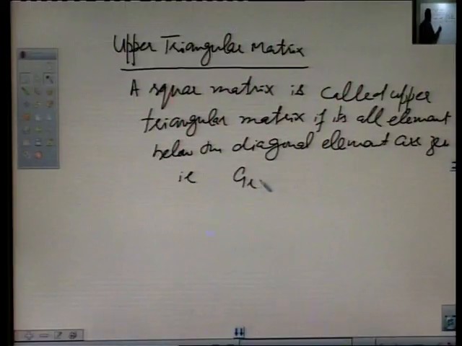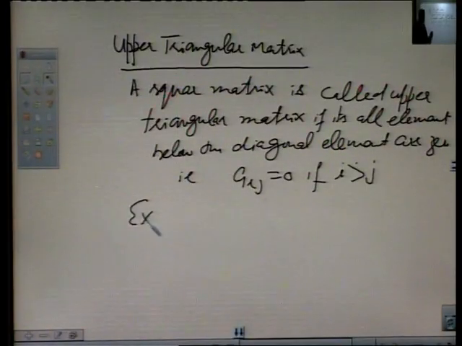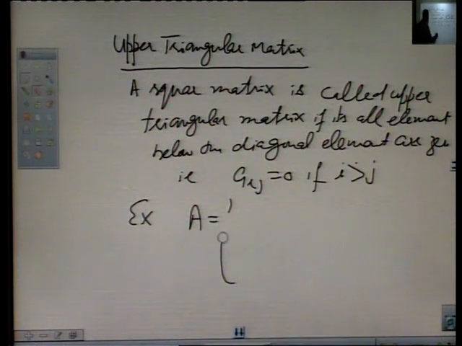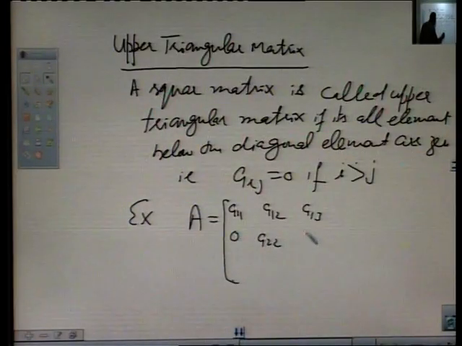That means Aij equal to 0 if i greater than j. For example, A11, A12, A13, 0, A22, A23, 0, 0, A33.